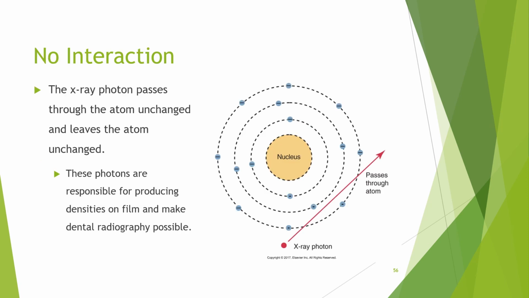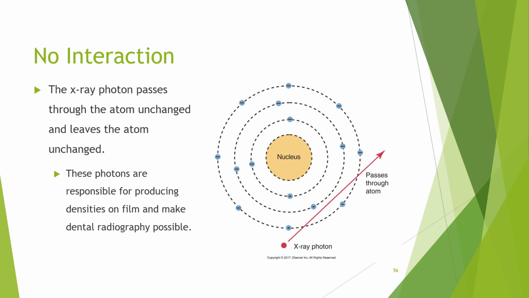So that first one is that there is no interaction with the matter that the photon is passing through. The X-ray photon passes through the atom unchanged and leaves the atom unchanged. These photons are responsible for producing the densities on film and making dental radiography possible.